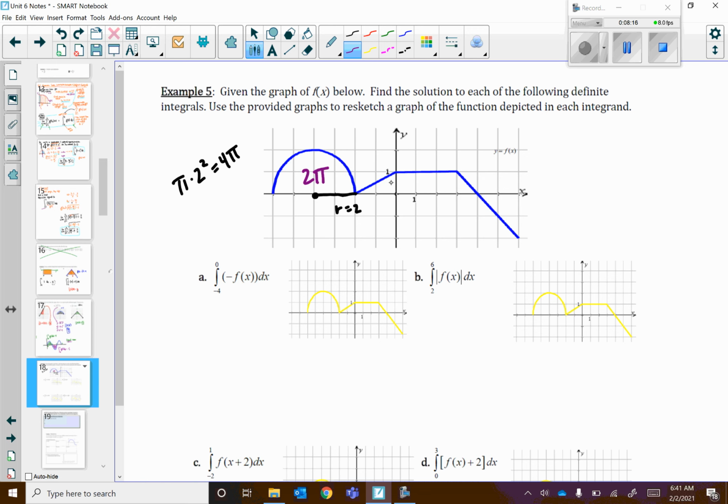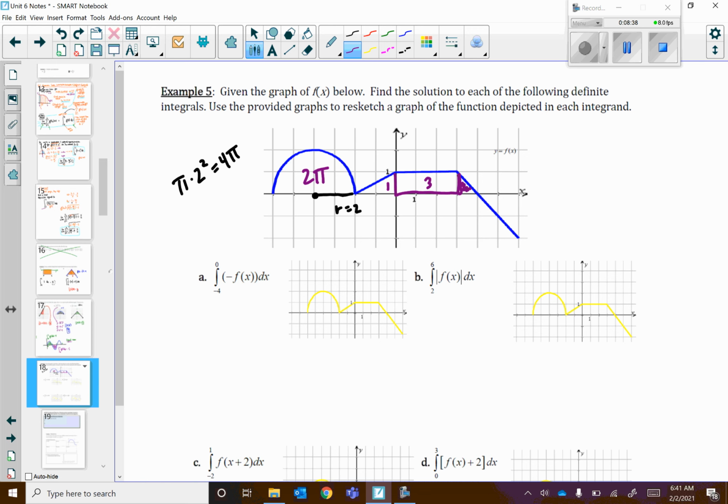Then I look at this little triangle right here, which has a base of 2, a height of 1, 1/2 base times height gives me an area of 1. If I look at just this little rectangle here, 3 times 1, this has an area of 3.